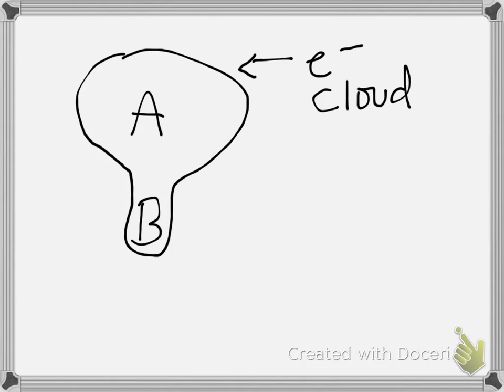So if this is two atoms bonded together molecularly, and that big mushroomy thing around it is the electron cloud, which one of those is more electronegative? Who is hogging the electrons? A is hogging the electrons. A must be more electronegative.